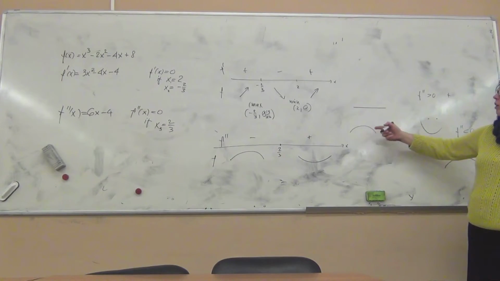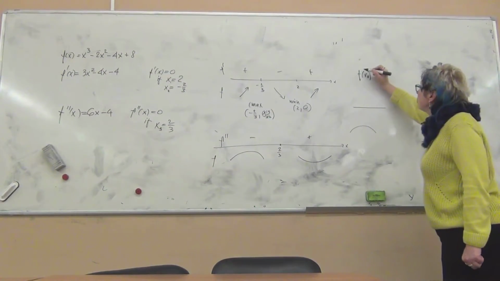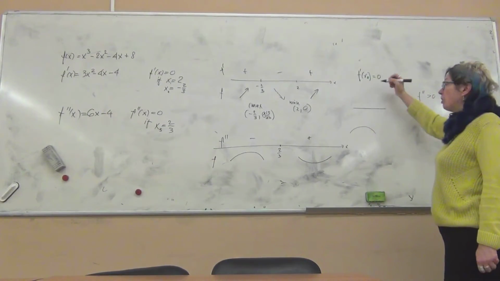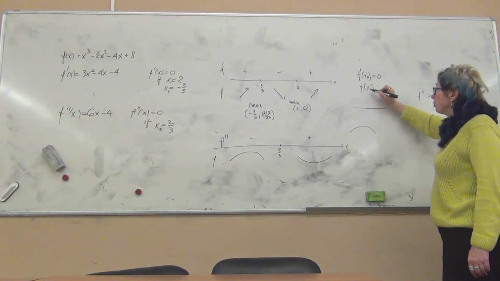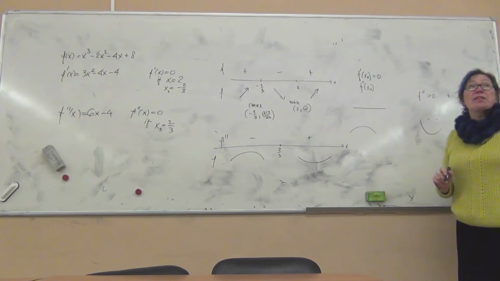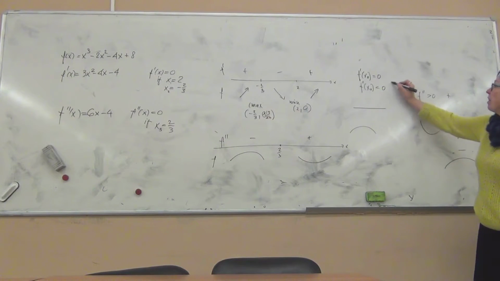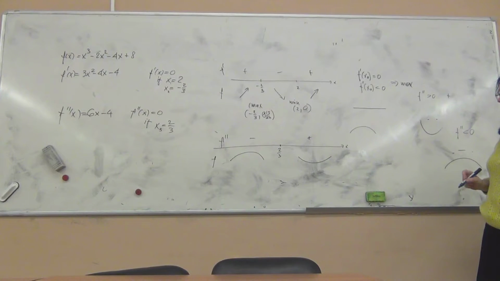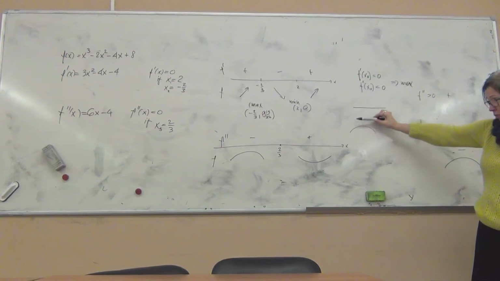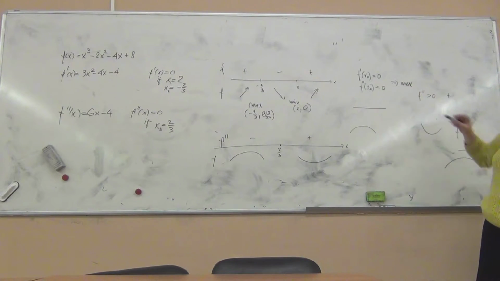We can deduce a very nice rule. If at some point the derivative is 0, so the tangent is horizontal, and at the same point the second derivative is negative, then we can say that this must be a maximum point. Horizontal, tangent, and concave down. Then obviously it's a maximum point.